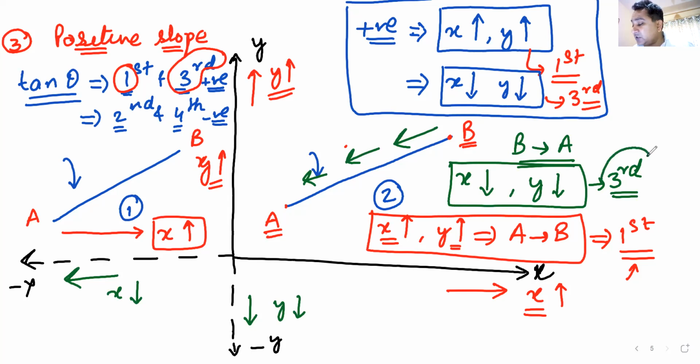The graph lies in the third quadrant. It is still a positive slope graph. Do you understand this? Clear? Okay. We are going to move ahead with this positive slope graph. We have understood. What would be the next type of graph?